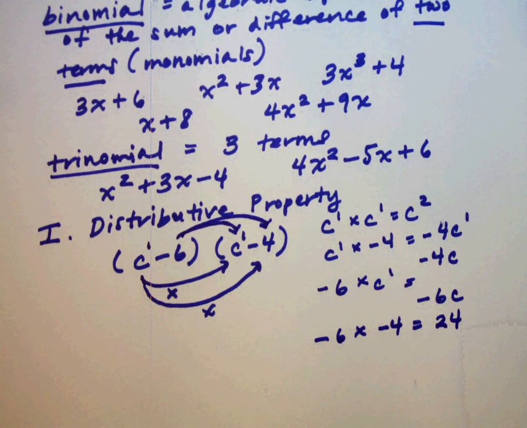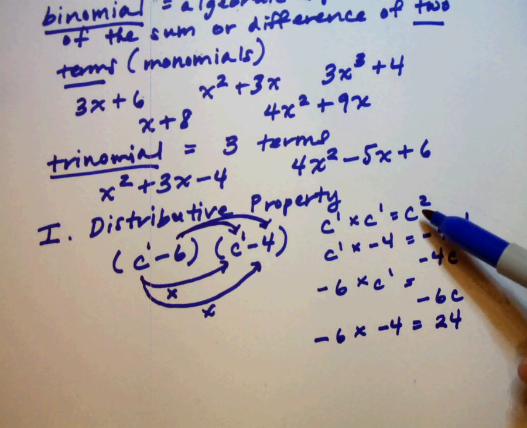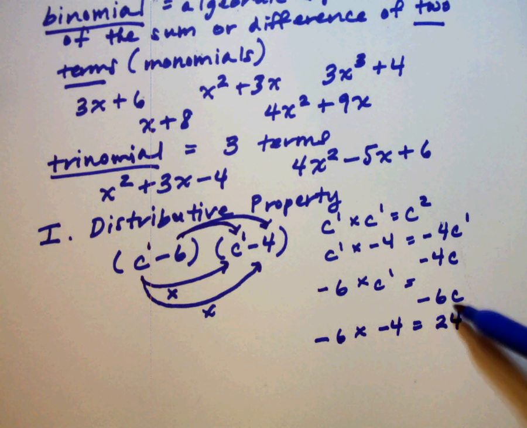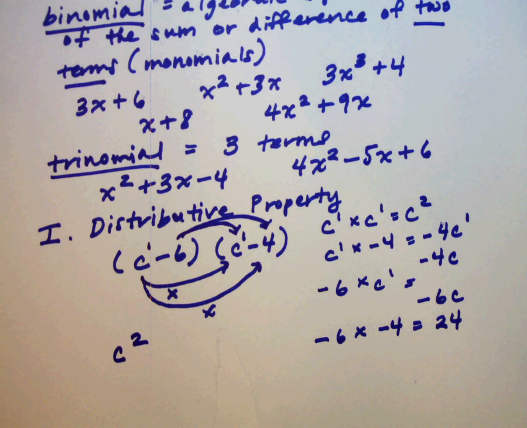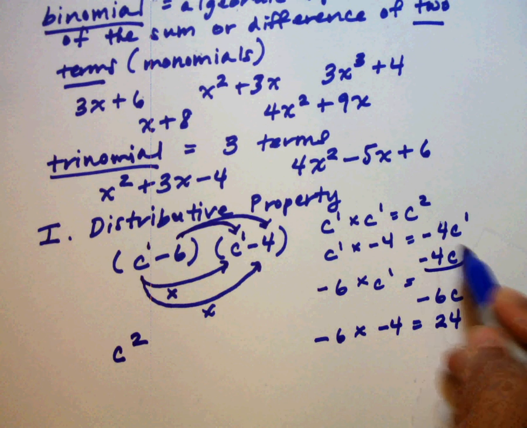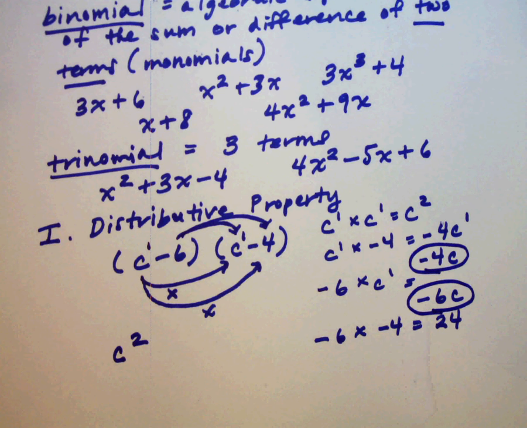Okay. Now I'm going to be combining like terms on this side. I have c squared. I have no other squared terms here, so I'm going to write that down there. Now I have c's. Negative 4c, and I'm going to add that to negative 6c.